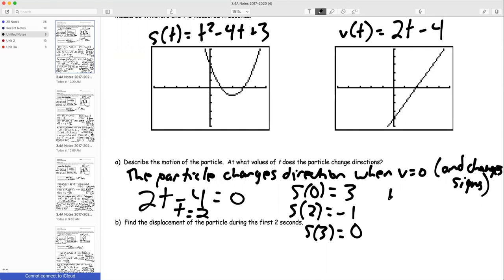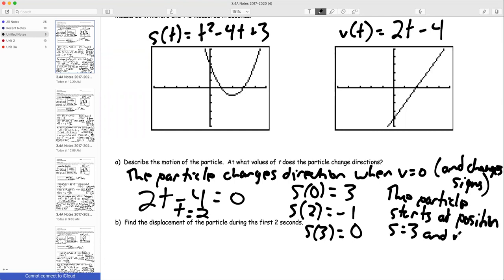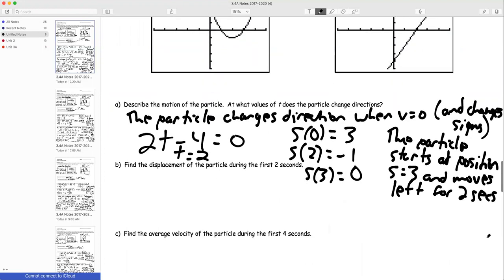Okay, the particle starts at position S is equal to 3 and moves left for 2 seconds to position S equals -1, and then moves right.